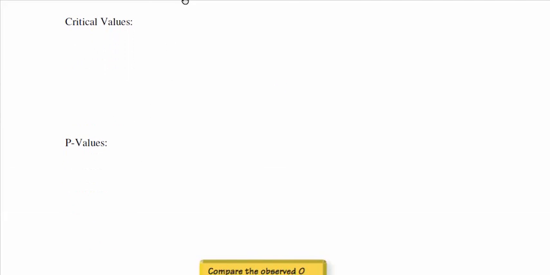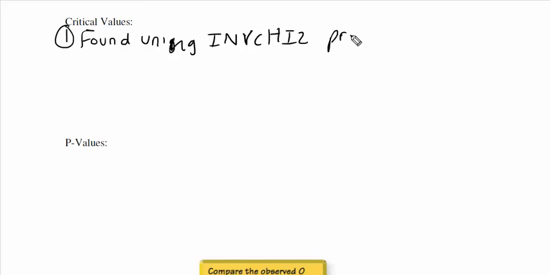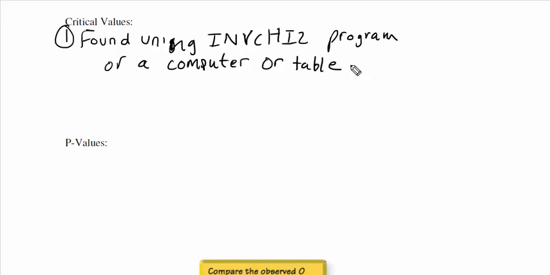So the critical values are found using the inverse chi-squared program, or a computer, or if you really want to be old school, and I know some of you are, table A4, with, now please note this, K minus 1 degrees of freedom.